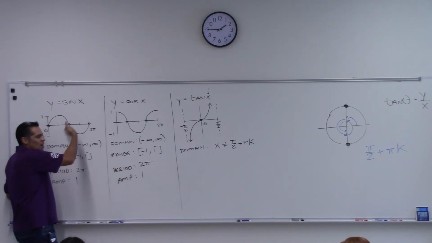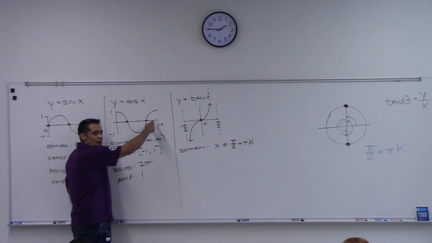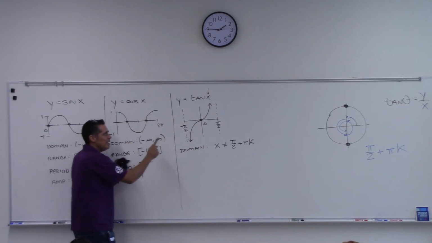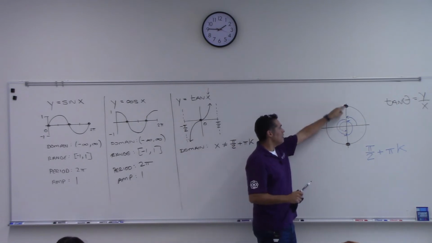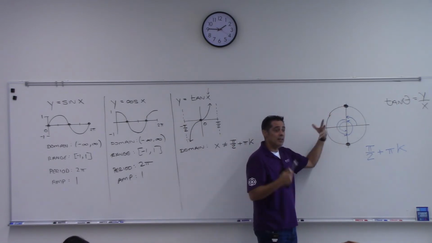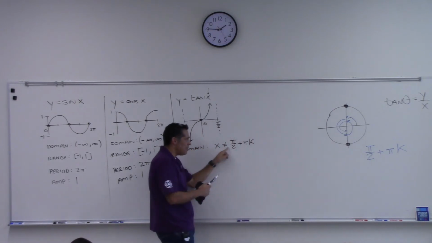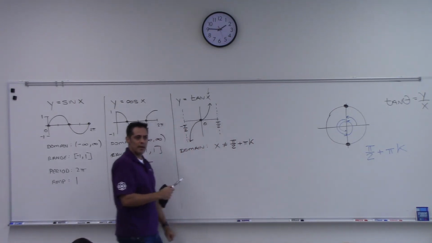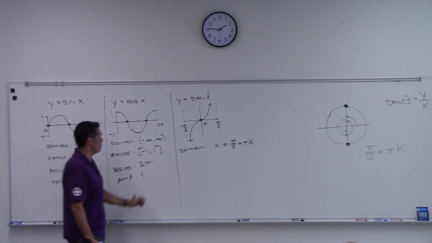Yes, you can plug any number you want into sine. Yes, you can plug any number you want into cosine, right? No issues. But here, we have to be very careful not to plug in any angle that lands here or here. How do you say any angle that lands here? So we want to make sure that x is not that, right? That clear?